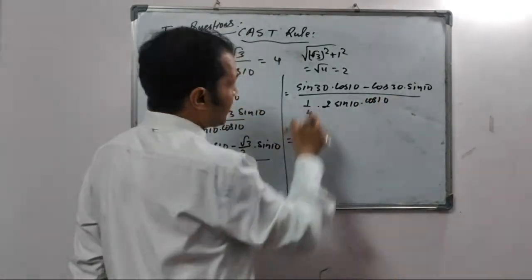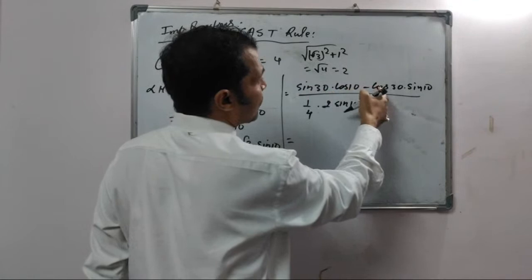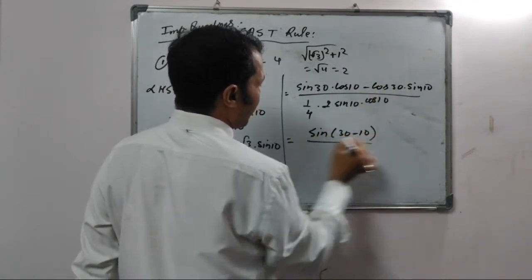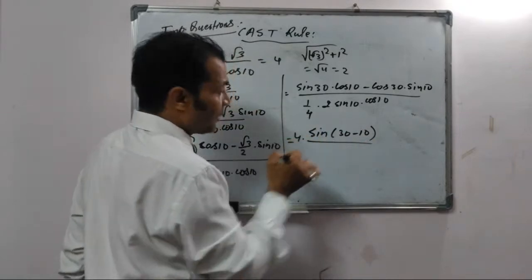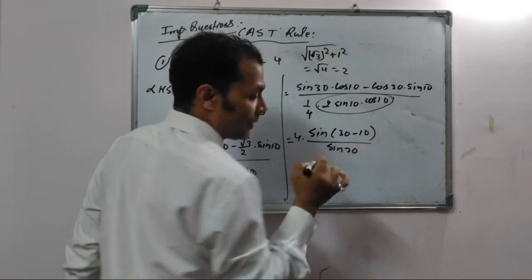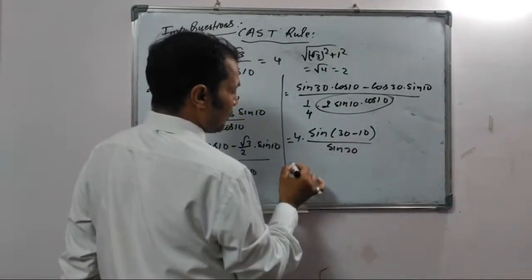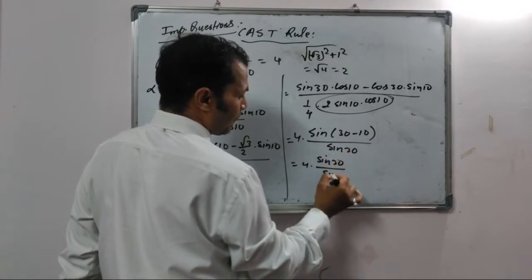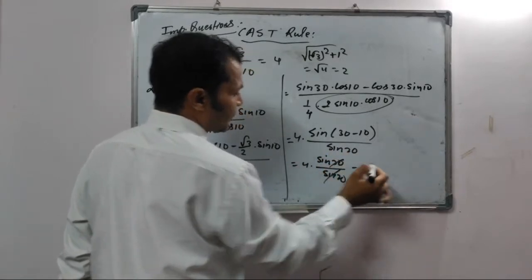So what you get is, see, sin A cos B minus cos A sin B, that is simply sin (A minus B), and this 4 comes in front, and 2 sin A cos A is sin 2A, 2 into 10, that is 20. So 4 into sin 20 by sin 20. This cancels. So the answer is 4.